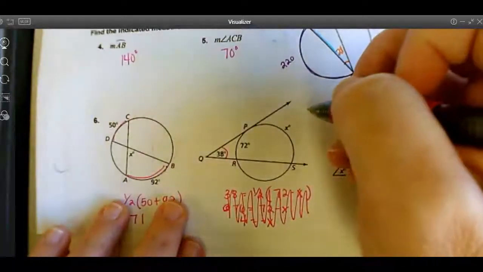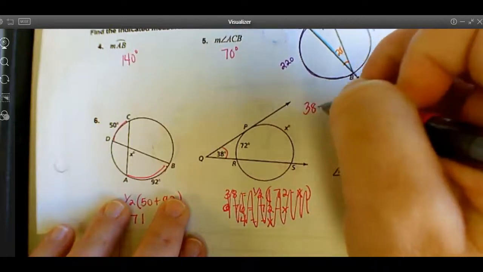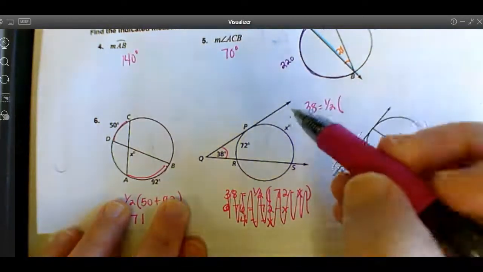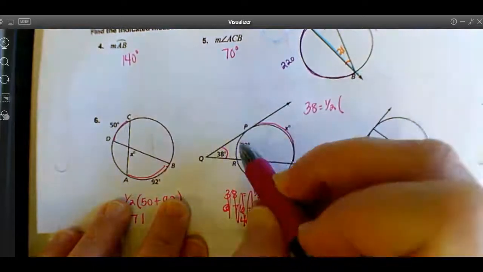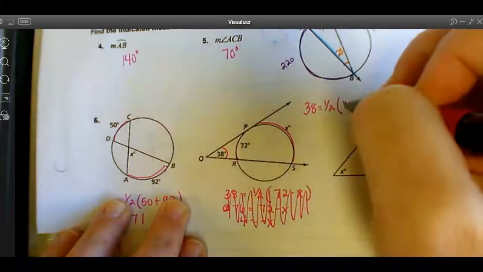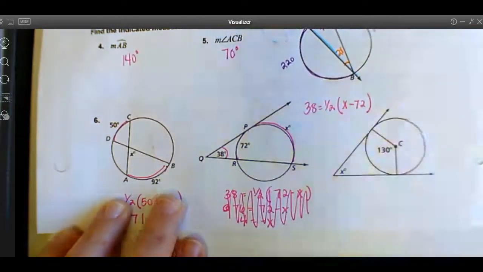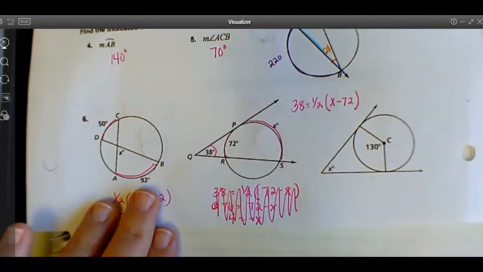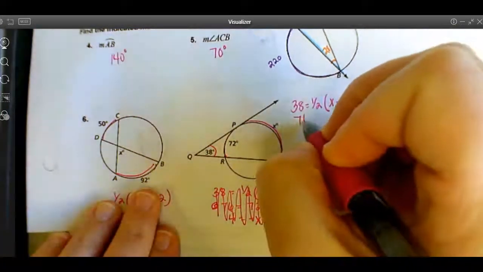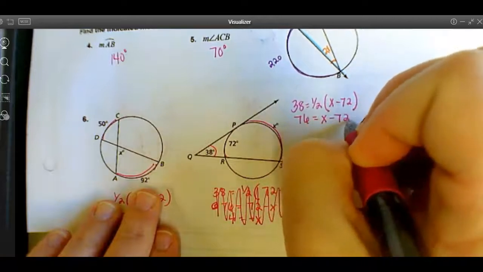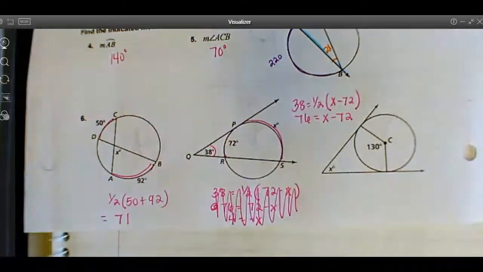I'm going to do it up here above it. 38 is a half, and you have to do the biggest arc minus the smallest arc. So x minus 72. Sorry about that. Still, I want to multiply by 2. But then I want to add 72 on both sides.